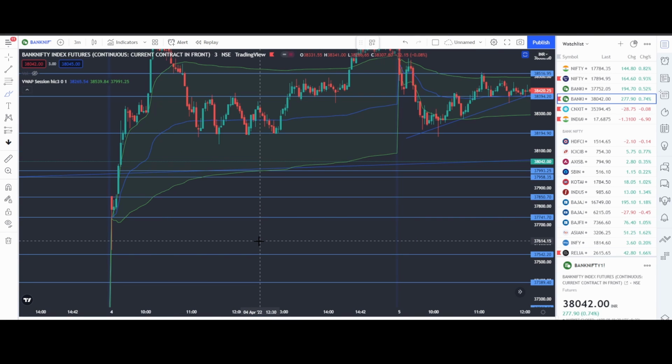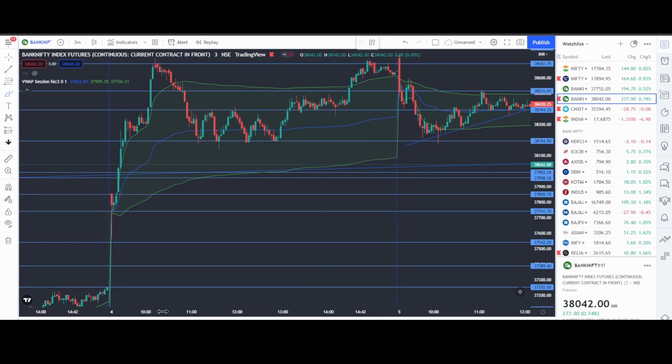So on April 4th, the next day, on the Monday, the market still jumped really high from yesterday's close. It was approximately 37,250. It opened approximately 37,846. So it was a 600 point opening difference.